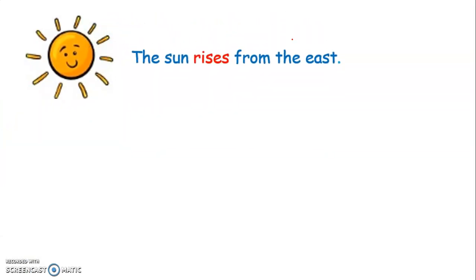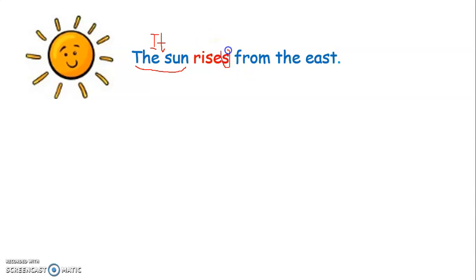The sun rises from the east. The sun is the subject of the sentence. The sun means it. It rises from the east. Look at the verb rises here. The verb rise has no S. So what did we add to the verb?